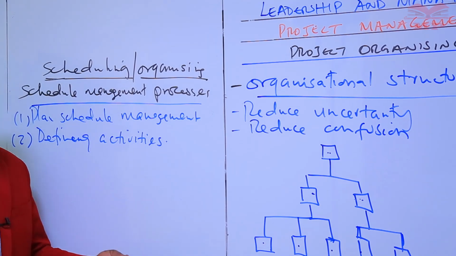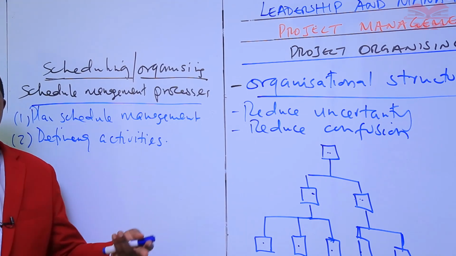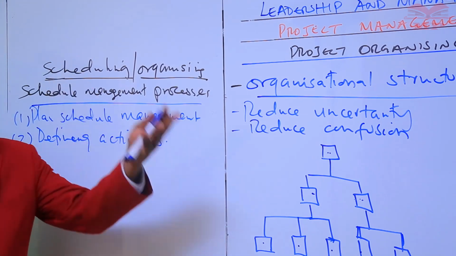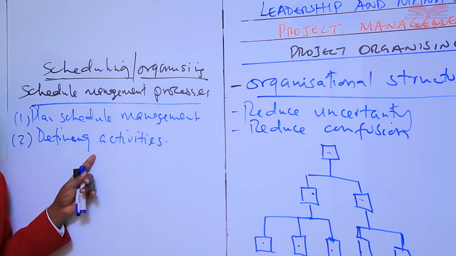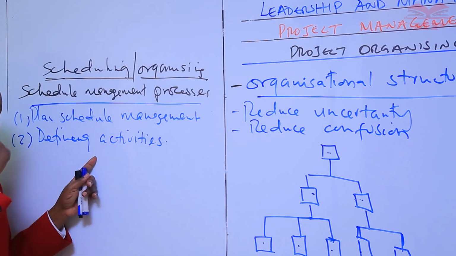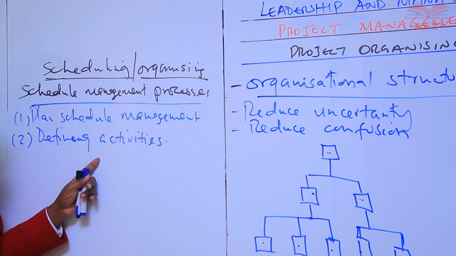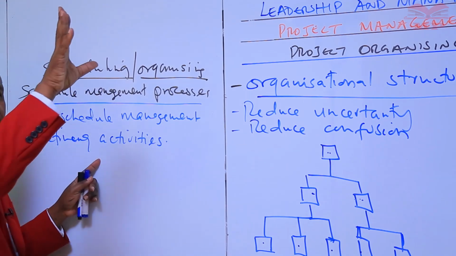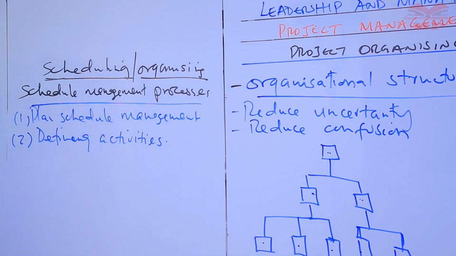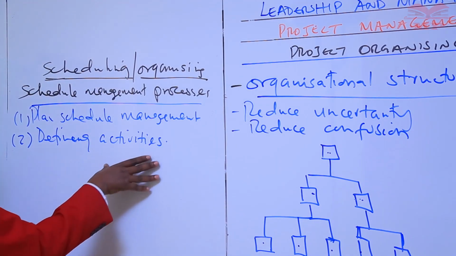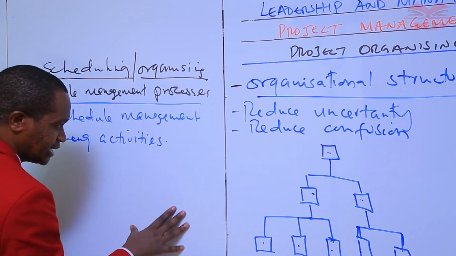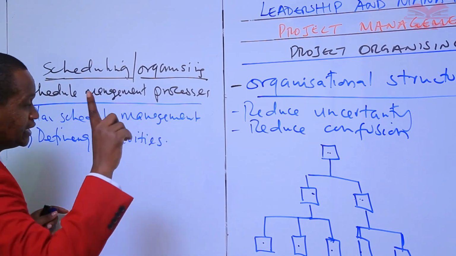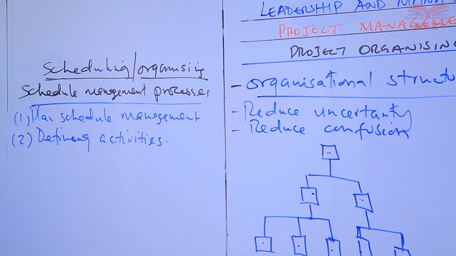We have carpenters, we have masons, there are people to do with the fittings. So there are various activities when carrying out a project like a building, okay? Because there are different types of projects, and there are activities that have to be defined. So defining activities involves listing down all the activities that will be undertaken in order to develop deliverables.